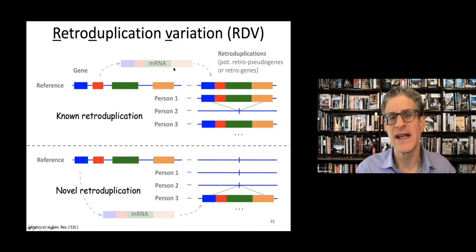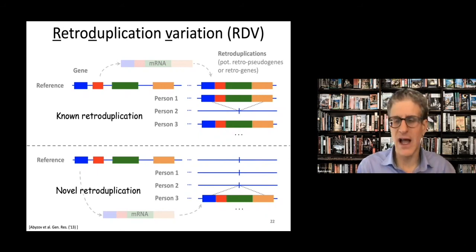Then this spliced product is reinserted in the genome, and that creates a retrogene. Now you might say to yourself, this seems very complicated, but it turns out this is one of probably the dominant processes of genome remodeling for us. And most of the human genome is made up of these retroduplicated elements.